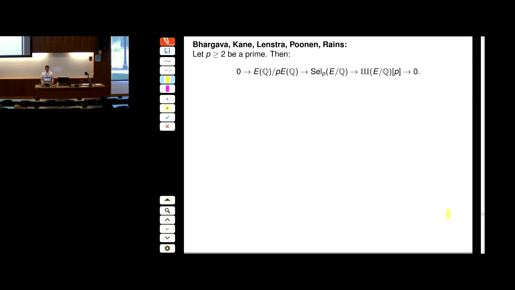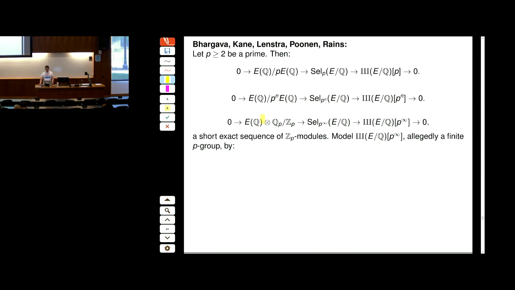So Bhargava, Kane, Lenstra, Poonen, and Rains did the following. If you have the exact sequence of Selmer and Sha, you can do an exact sequence for p^n, and in fact, you can do it for Qp modulo Zp and get a sequence of Zp modules. Now, this is supposed to be finite, so it's a quotient of Zp modules that gives you a finite group.